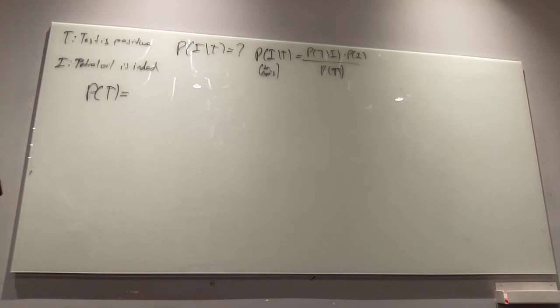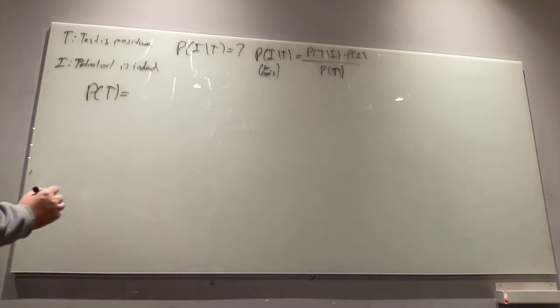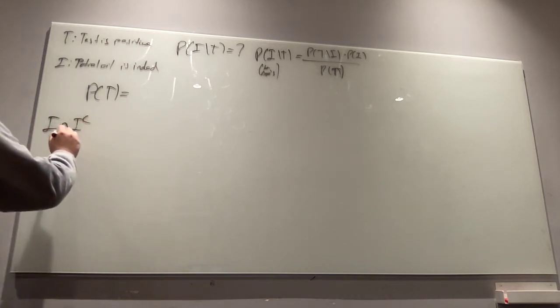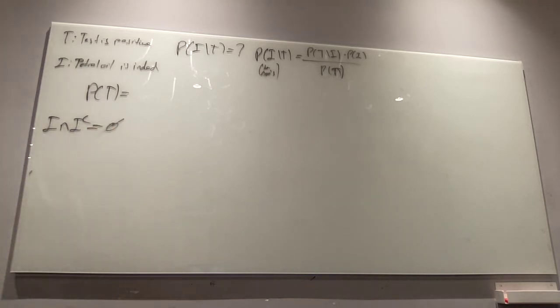So the test gives a positive signal with different probabilities depending on the event I. I and I complement have an empty intersection and constitute a partition of the sample space. The oil can be present or not present, and there is no other possibility.